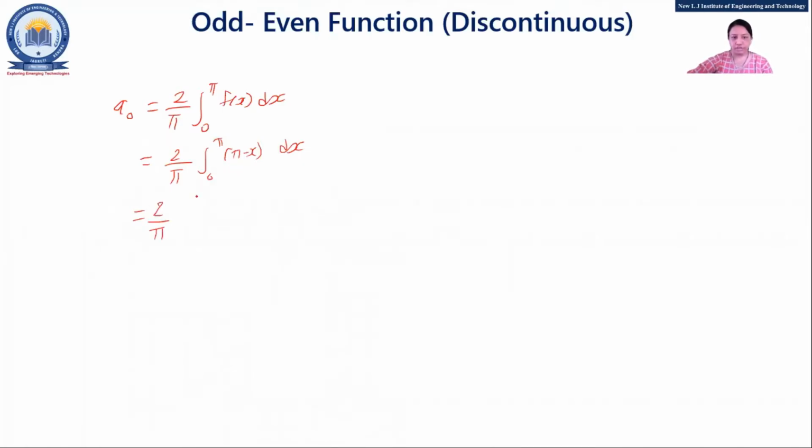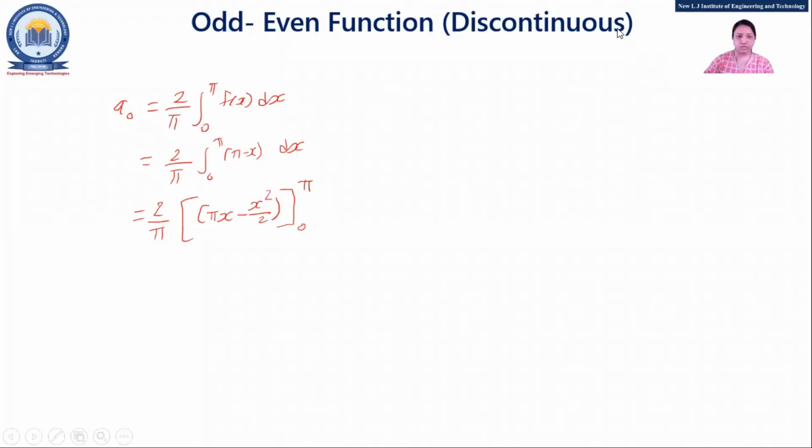Integration of pi minus x: pi is a constant, so you can write pi x minus x square by 2. You have to practice putting the limits also, otherwise you will get a wrong answer.